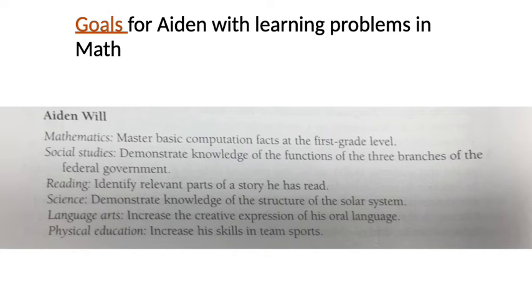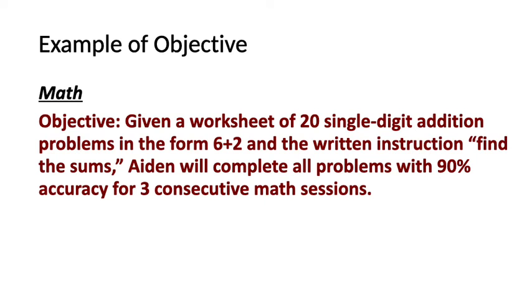But under this goal, your objective may look like this. Given a worksheet of 20 single-digit addition problems in a form like 6 plus 2 and written instruction, find the sums. Aiden will complete all problems with 90% accuracy for 3 consecutive math sessions, right?